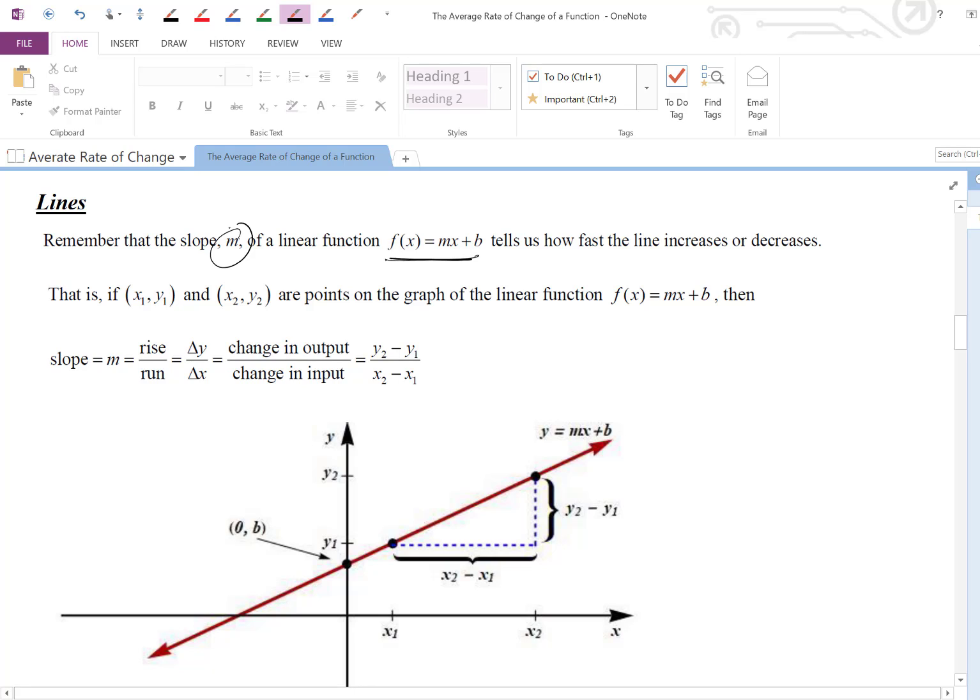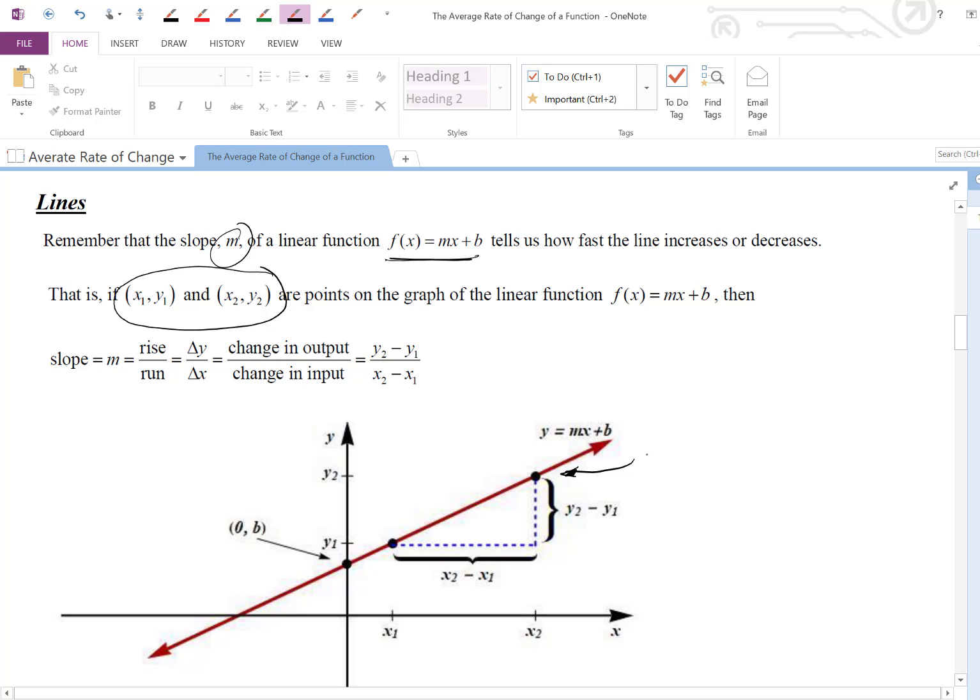So, for instance, say you have 2 points that are on the graph of a line, then we can talk about the slope. Let those 2 points be arbitrary. (x1, y1) is the first ordered pair, and (x2, y2) is the second ordered pair. You can see them here in the diagram where my arrow is, top right.